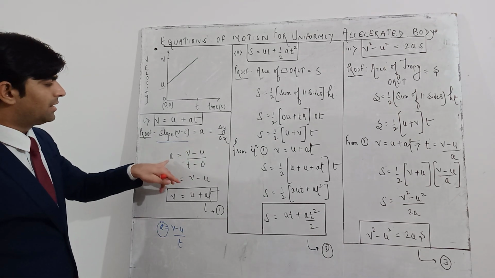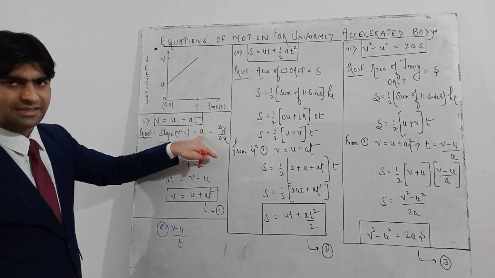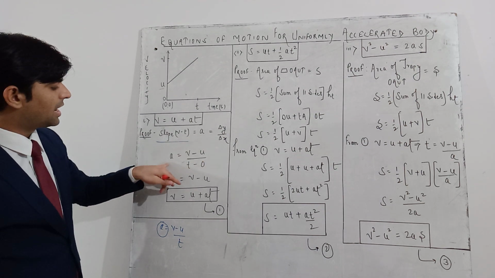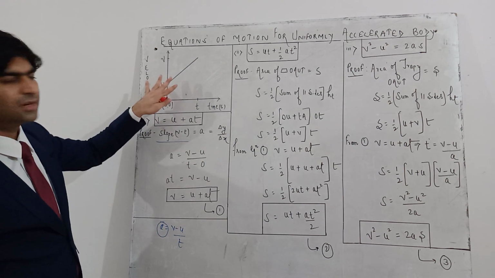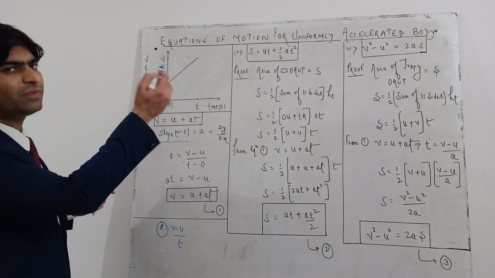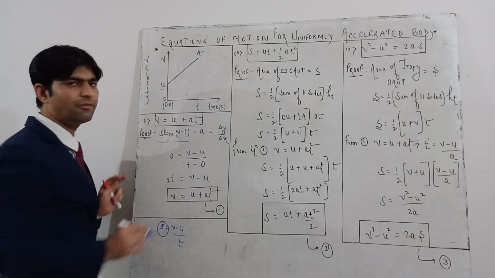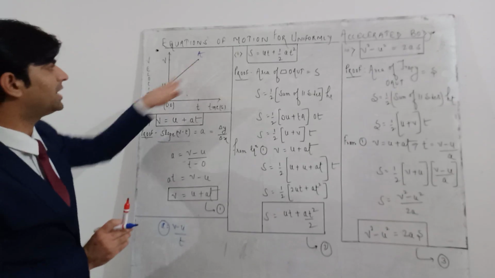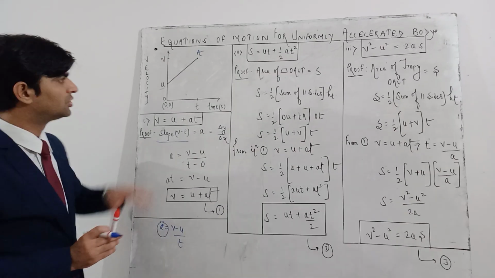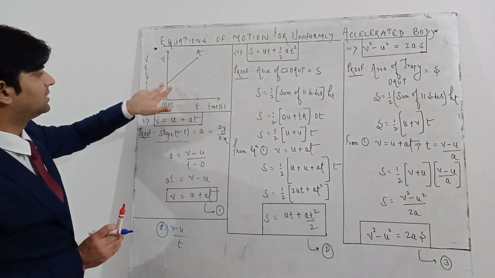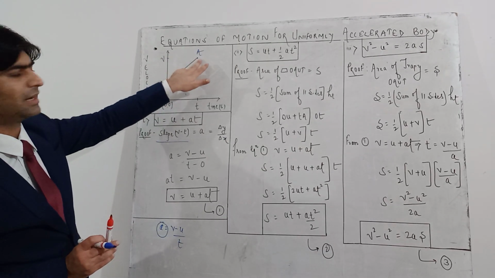So the slope of a VT graph gives acceleration. From this graph, how will we calculate acceleration? Change in y-axis. Suppose I am writing this point as O. So you have to find the slope of the UA portion. Change in y-axis: this is the starting point and this is the final point.